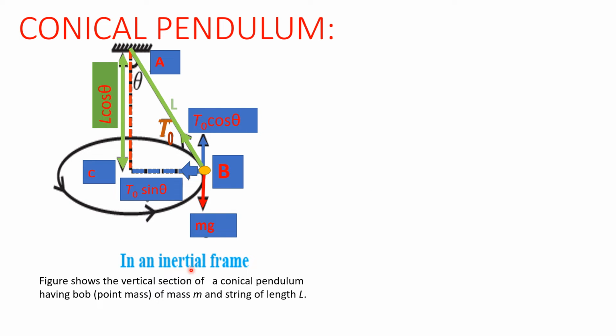Consider a vertical section of a conical pendulum having a point mass bob of mass m, and the length of the string is L. Here in this vertical section we have shown all the vectors acting on this bob when it is performing a circular motion.